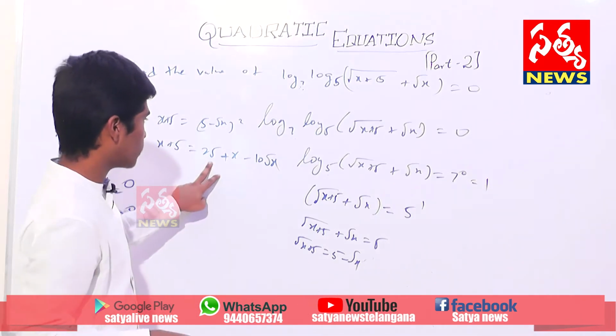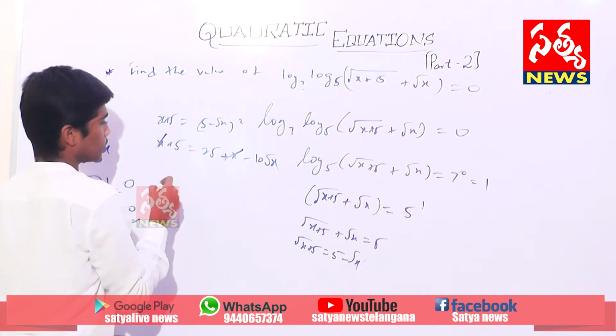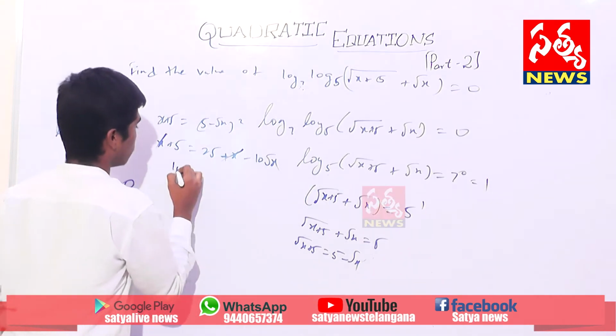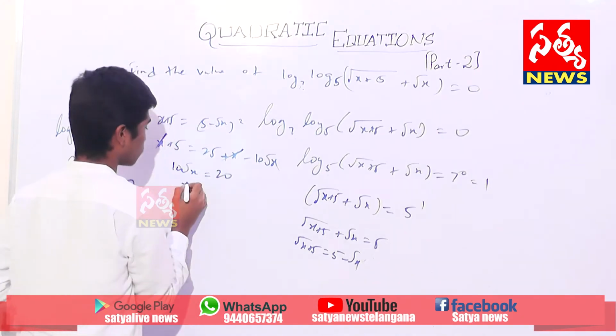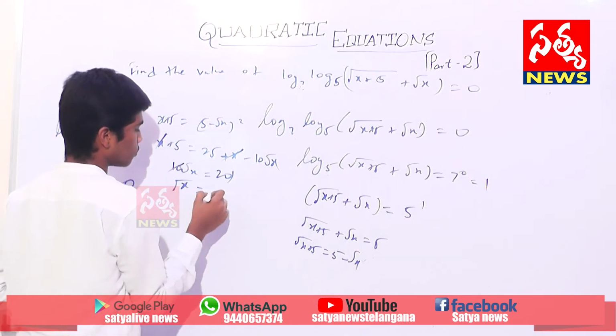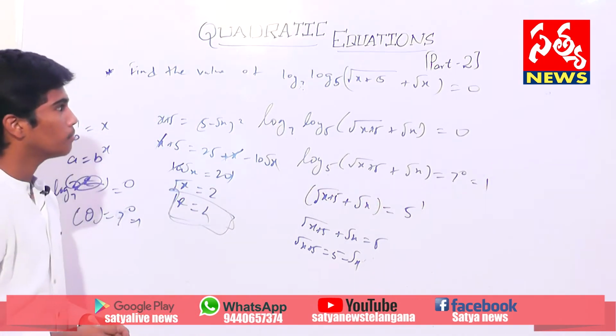Oh, (5 minus root x) squared is a square plus b square minus 2ab. x gets cancelled. 10 root x is equal to 20. Root x is equal to 2. x equals 4. So this is our answer.